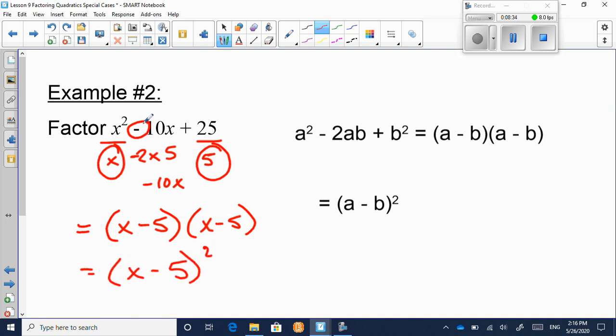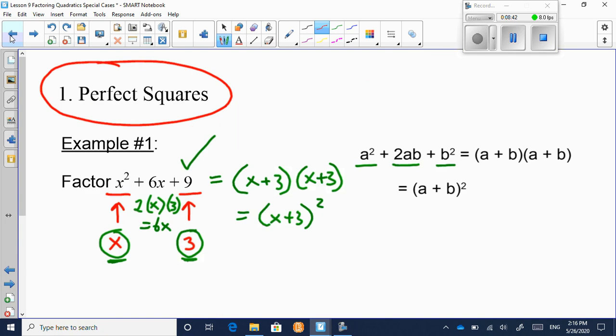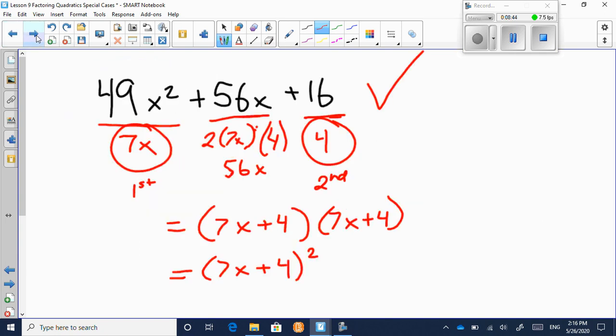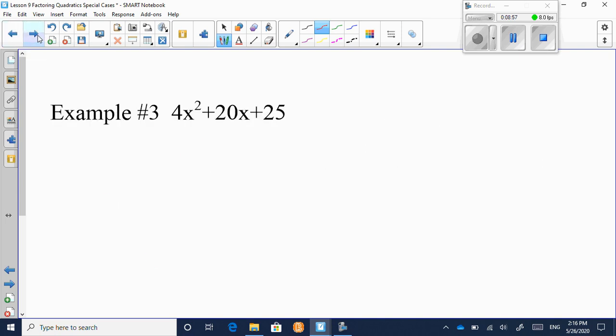So just be careful if you have a negative sign there. Notice on the previous two, they were both plus signs. So here we had x plus 3 squared, and then here we had 7x plus 4 squared. But here, because of that negative sign, we have to change this one to a negative, and it's x minus 5 squared.